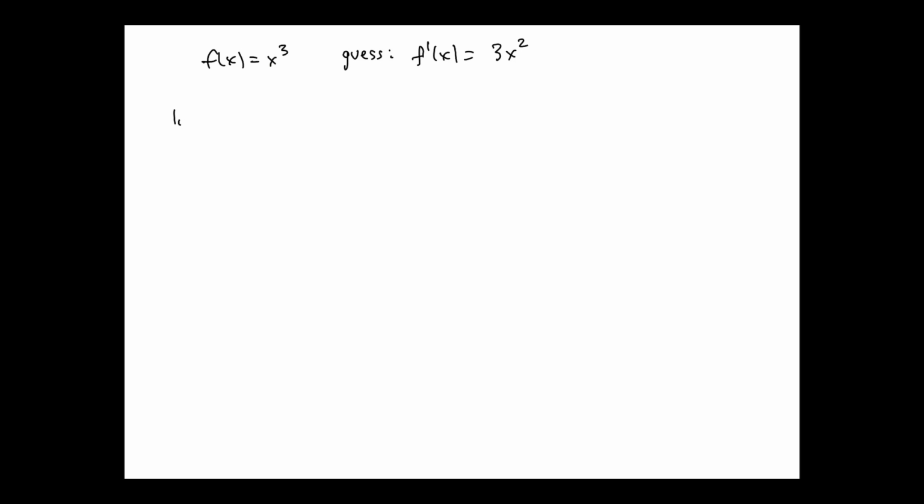Okay, so what do we have to do? We've got to do the limit as h goes to 0 of f of x plus h minus f of x all over h. What is the function? x cubed. So what do I have to do to my x plus h here?